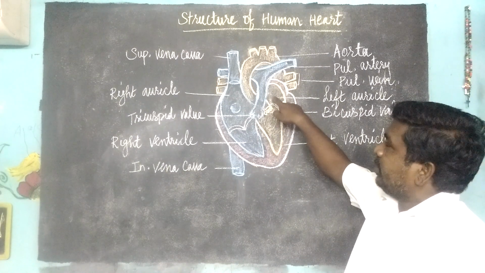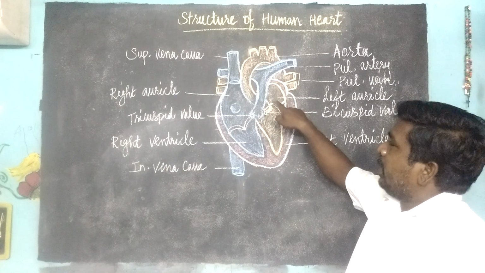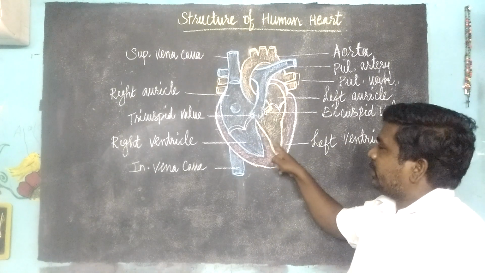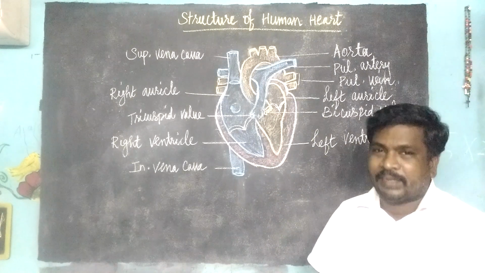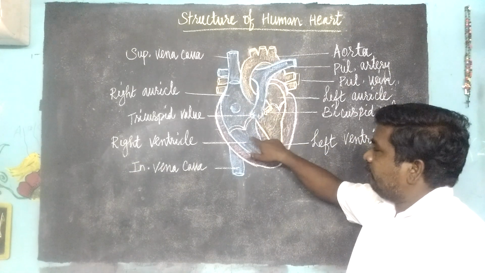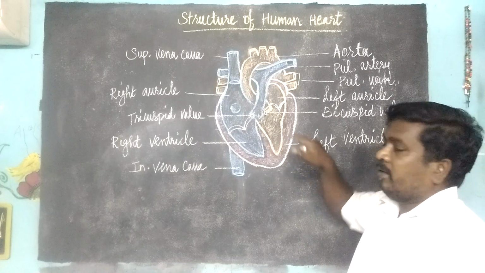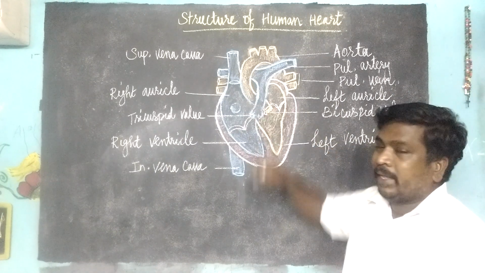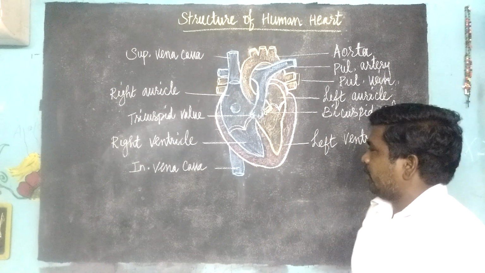The left ventricle receives oxygenated blood from the left auricle. The ventricles are also separated by the ventricular septum. So the auricles are separated by the auricular septum, the ventricles by the ventricular septum, and the auricle and ventricle by the auriculoventricular septum.